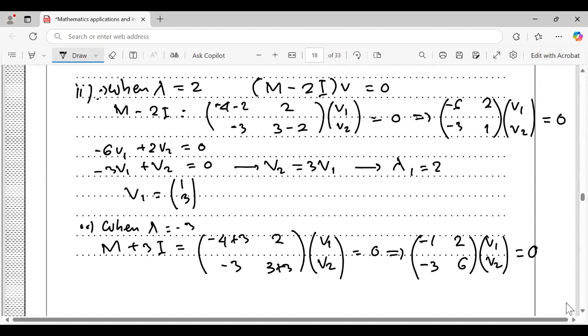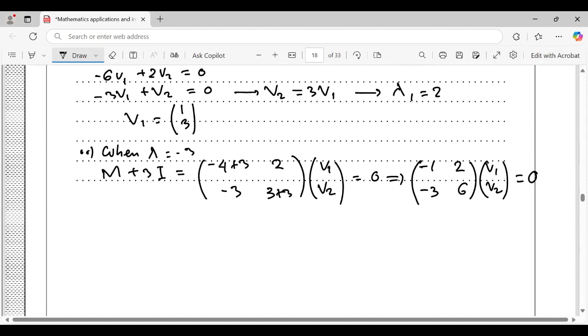So we have two equations: minus phi 1 plus 2 phi 2 equals 0, and minus 3 phi 1 plus 6 phi 2 equals 0. Through this equation, we have phi 1 equals 2 phi 2.